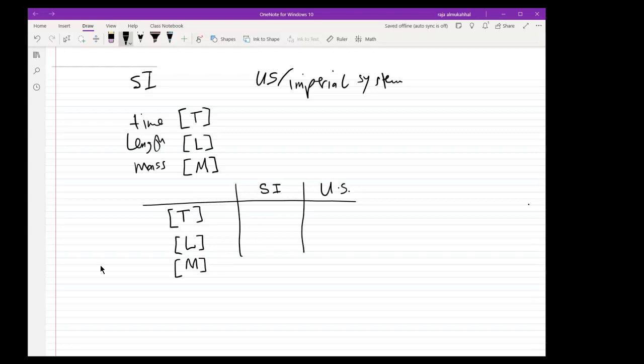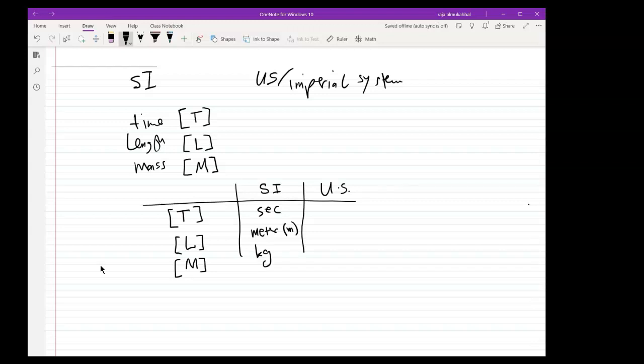In the SI system, the basic unit of time is the second, okay? And the basic unit of length is the meter, and it has the symbol m, small letter m. And the basic unit of mass is the kilogram.